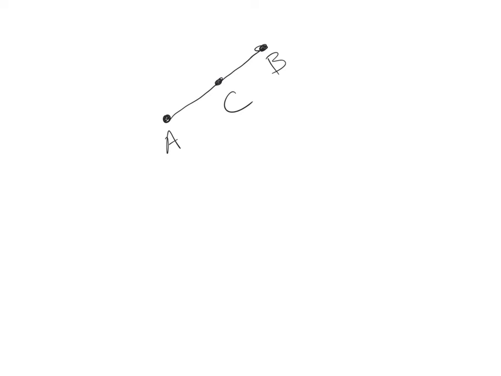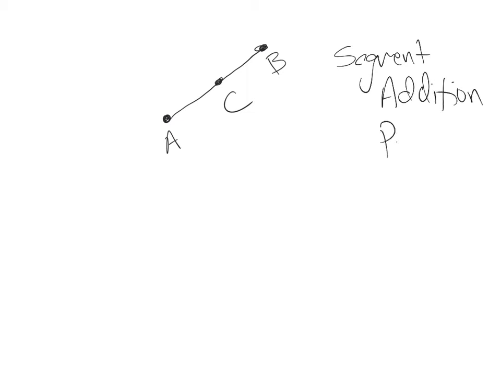Well, that's where this thing called the segment addition postulate comes in. And remember, a postulate is something we don't have to prove. We're just going to assume it's true. So, the segment addition postulate.